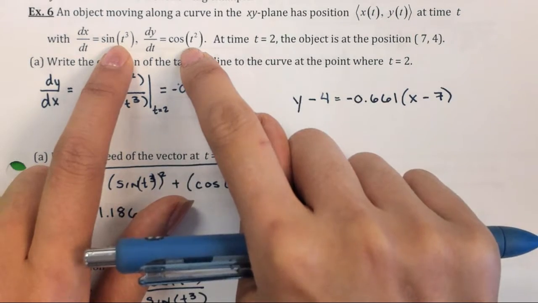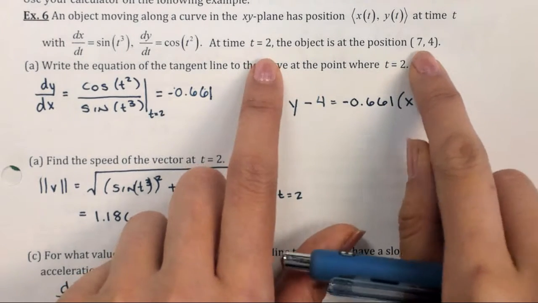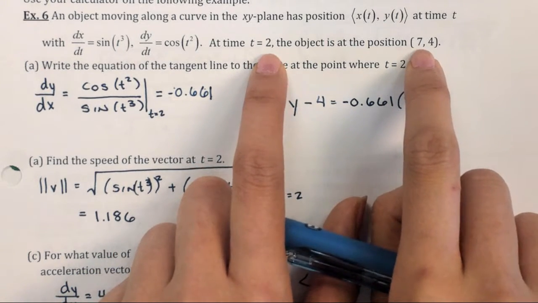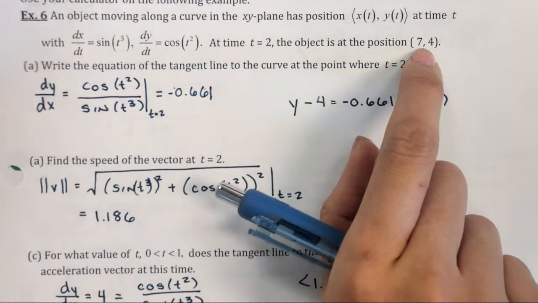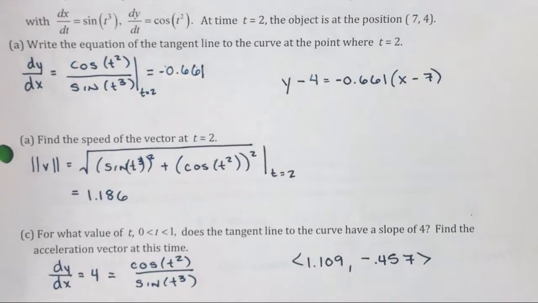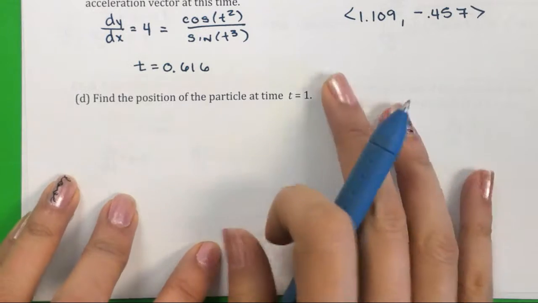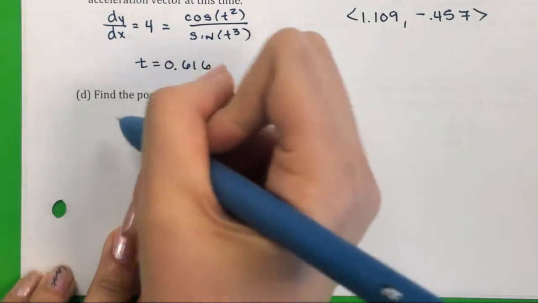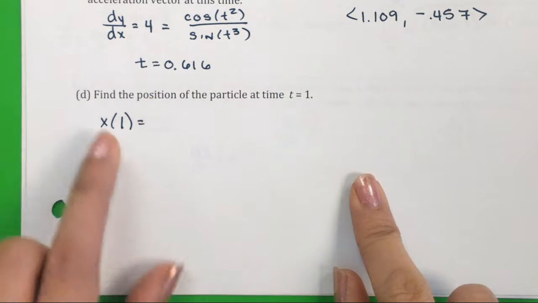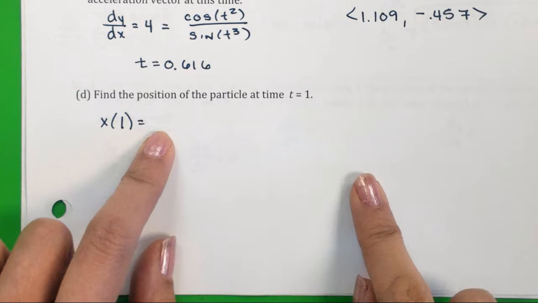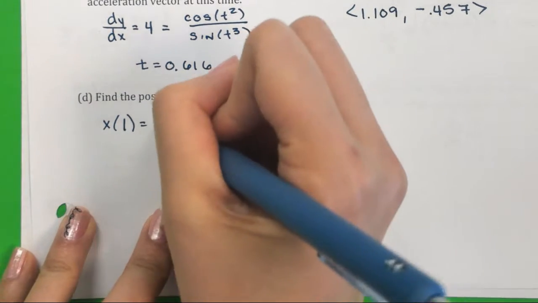So you have to use your calculator to do it, because you have a position that you know. At t equals 2, the object is at 7, 4. And you can use your calculator on a bounded integral, but not an unbounded one. So if I want to find the particle's position at time t equals 1, then x of 1 will equal, what's my position at 2? 7, right?